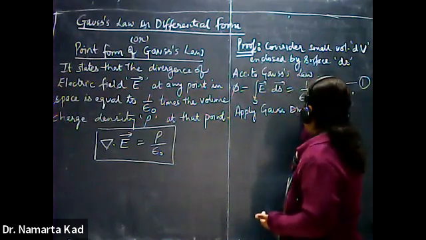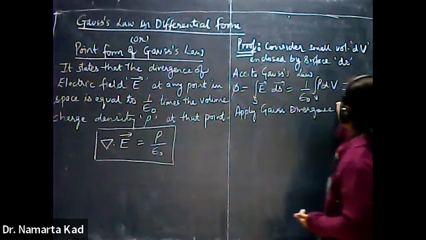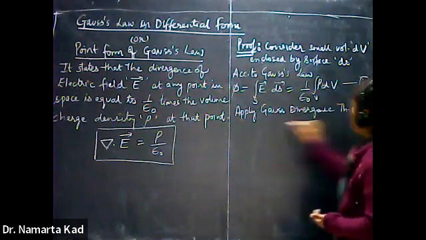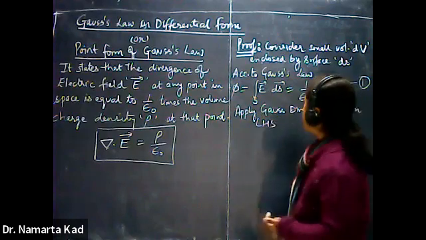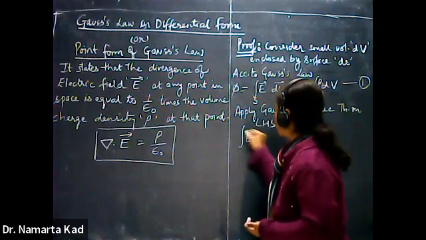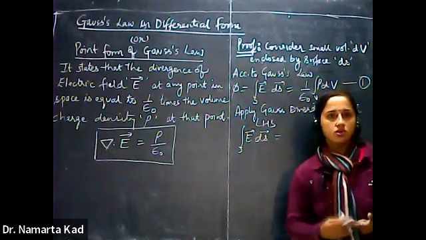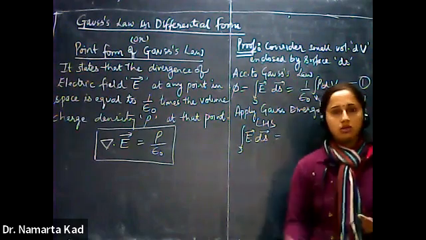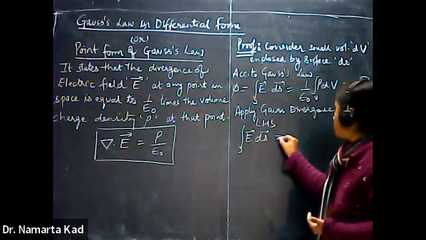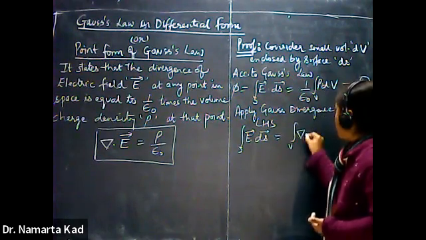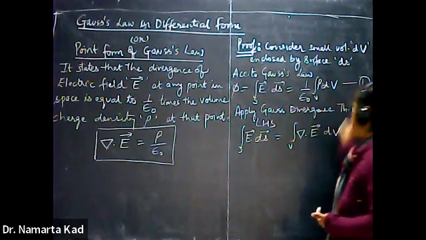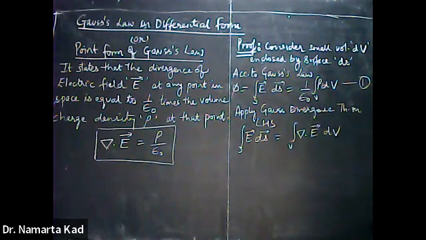The surface integral of E dot dS is converted into a volume integral, so it comes out equal to the volume integral of del dot E dV. Mark it as equation number 2.